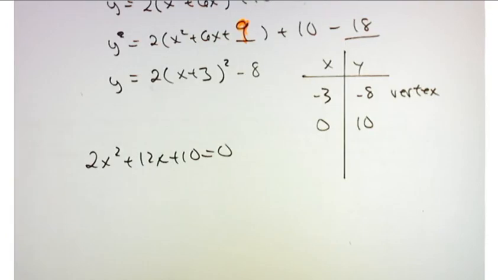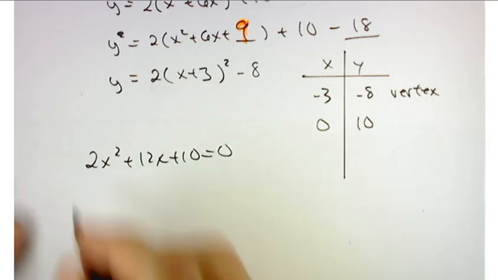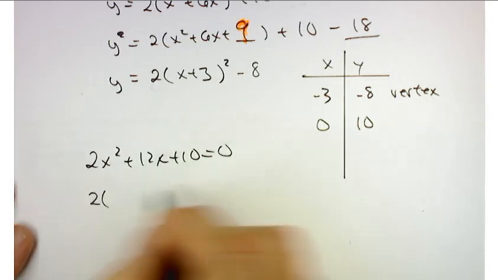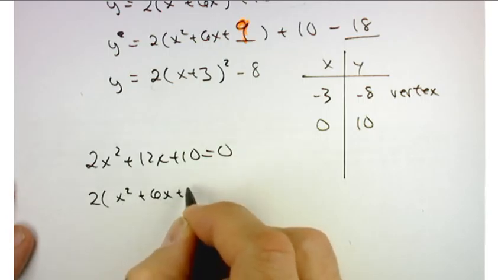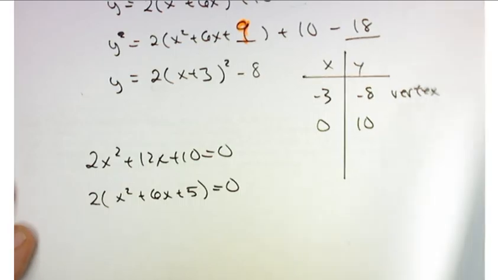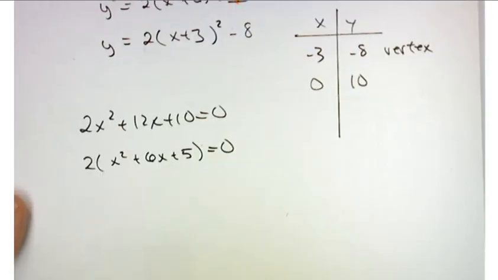Any help with that one? I'd factor out the 2 first and get 2x squared plus 6x plus 5. Do I need to break out the quadratic formula here? You could, but it's like squirrel hunting with a bazooka.